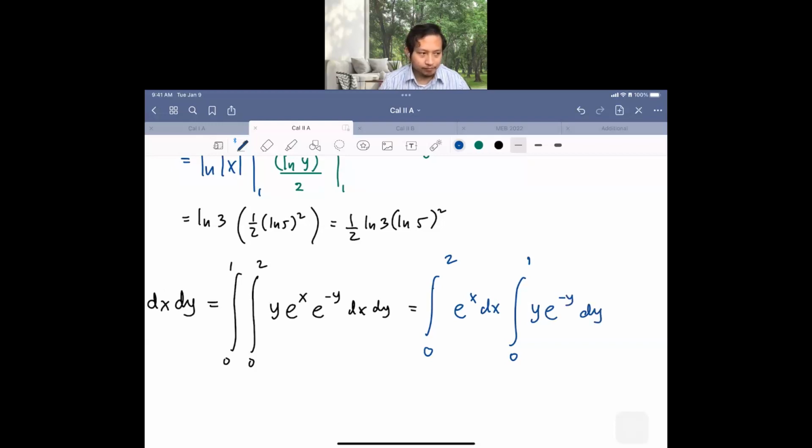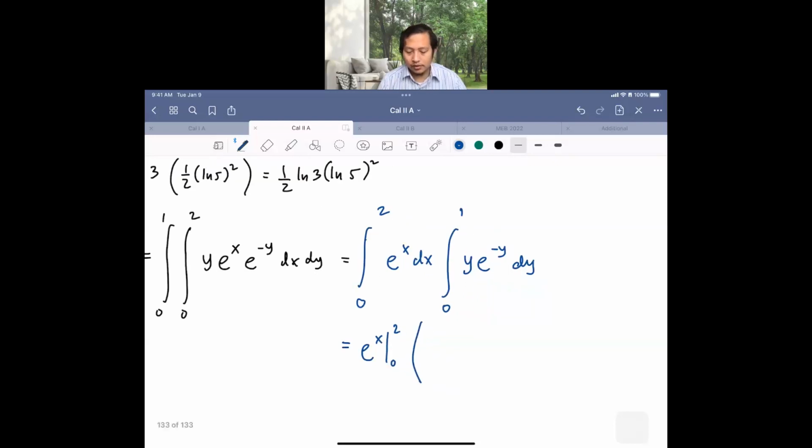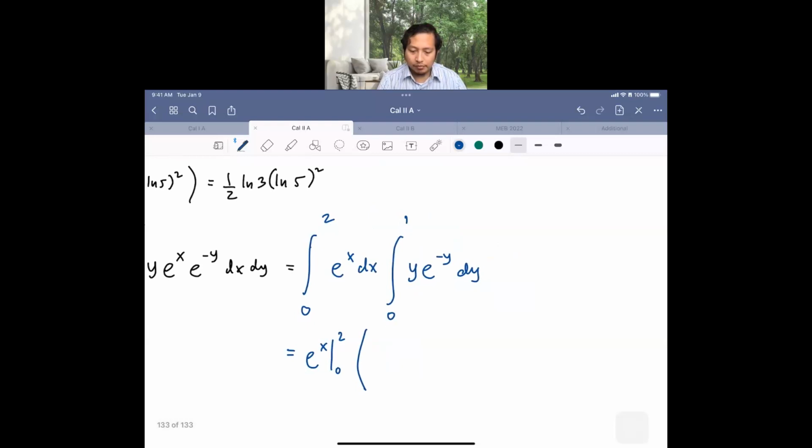Now the integral of e to the x is just e to the x, from 0 to 2, and multiply with the y integral, where we can use integration by parts.